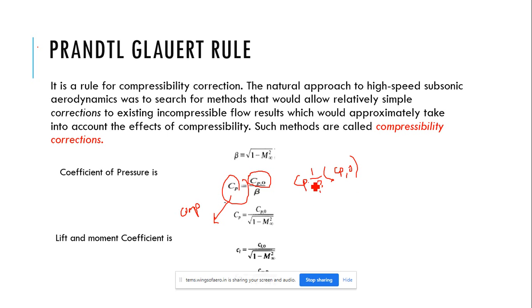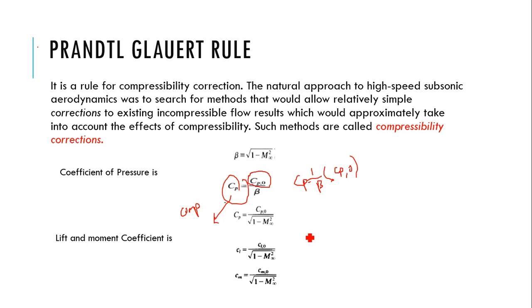Based upon the compressibility correction factor, we get the Cp for compressible flow as 1 by beta into Cp0, where 1 by beta is 1 by square root of 1 minus M infinity square.